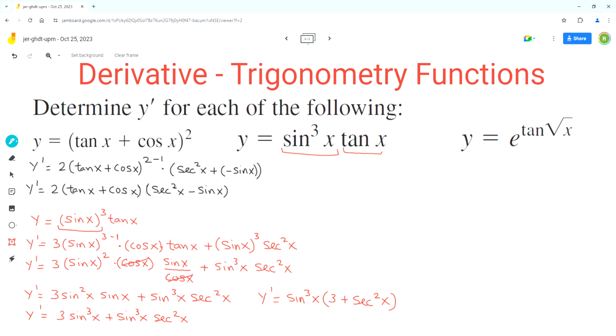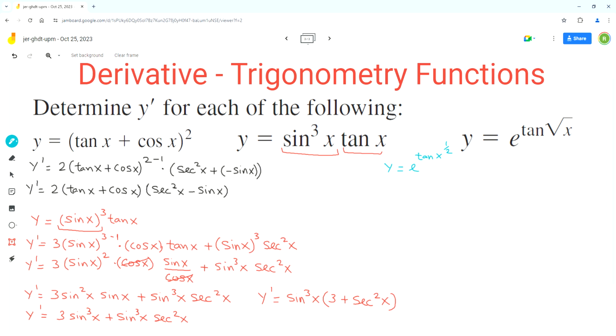The first step is to change the radical, the square root on x, to the rational exponent 1 over 2. This will make it easy to find the derivative of this y equation. Now we'll have to use the chain rule to find the derivative.